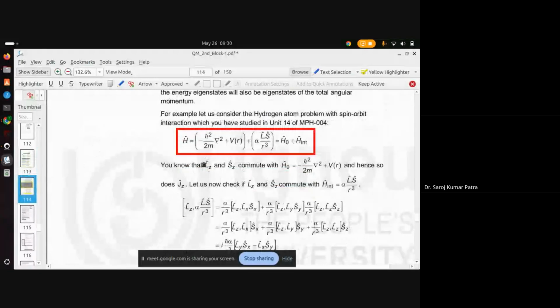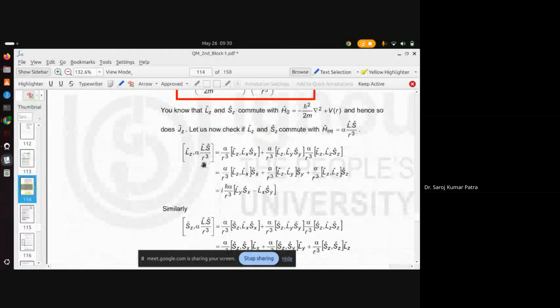Now, let us check if Lz commutes with this interaction Hamiltonian. So Lz commutation with L dot S by r cubed. L dot S means it will be LxSx plus LySy plus LzSz.